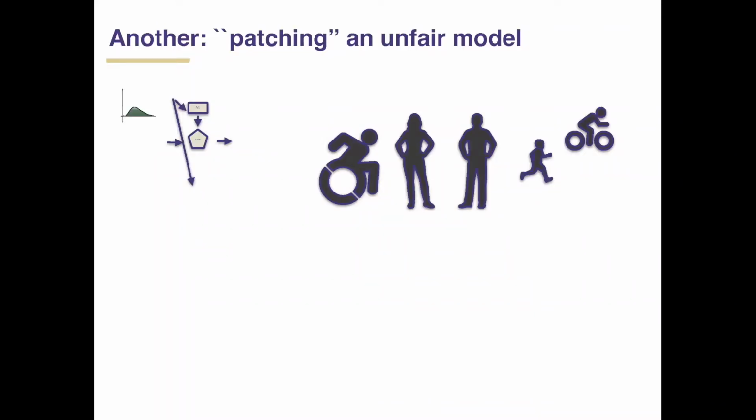Okay, so I want to give you one other use case to keep in mind as something that motivated the particular formalization that we looked at. Suppose I'm some large tech company and I have built some kind of model for predicting something.